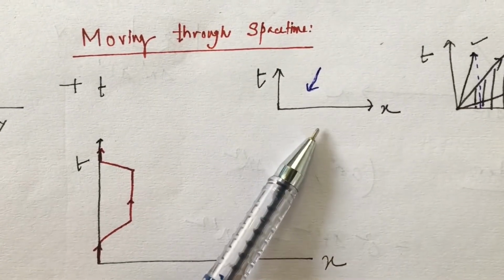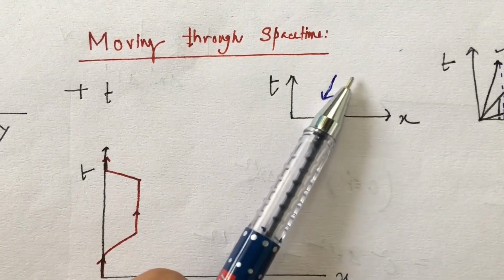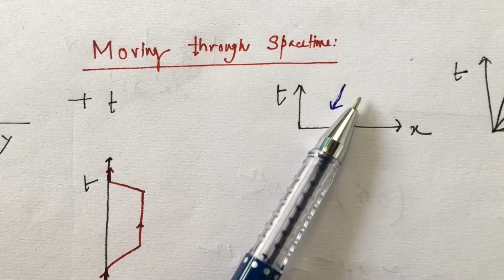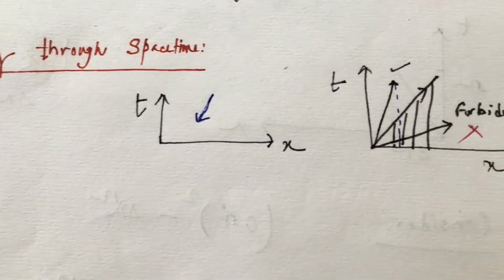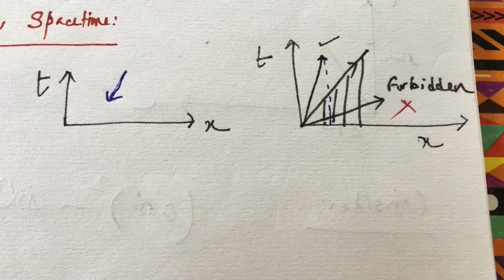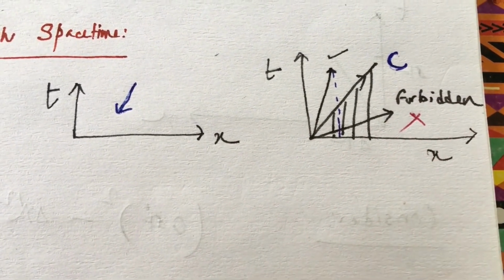And in the time and space diagram, we cannot go like this because this means that we are going backward in time, which is not possible. Similarly, if we look into this diagram, this 45-degree straight line corresponds to the speed of light.